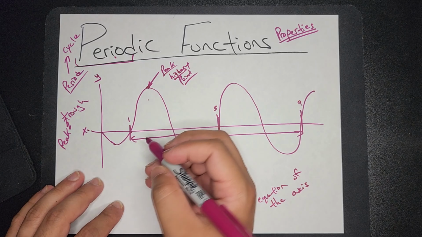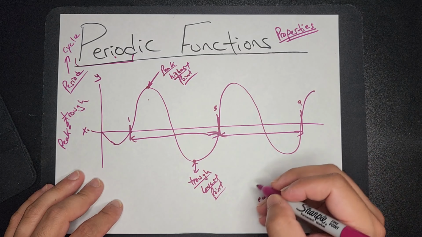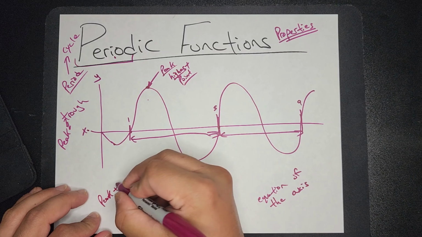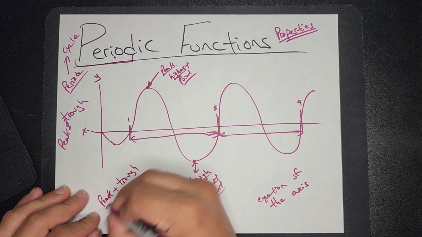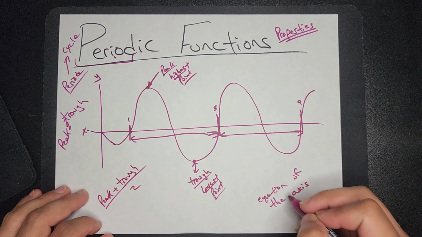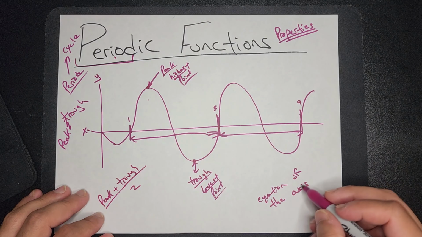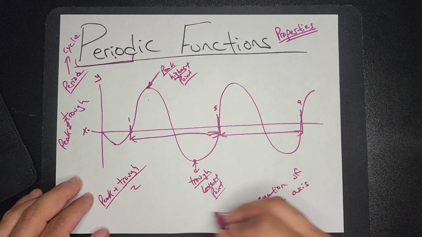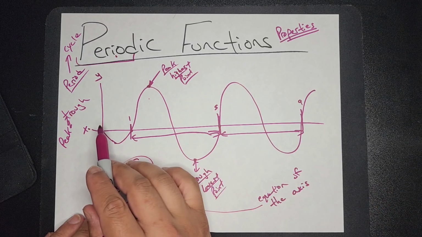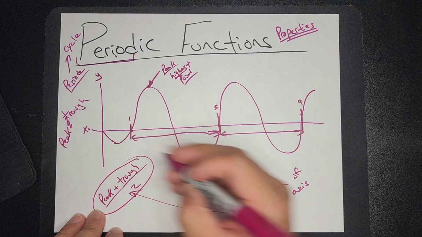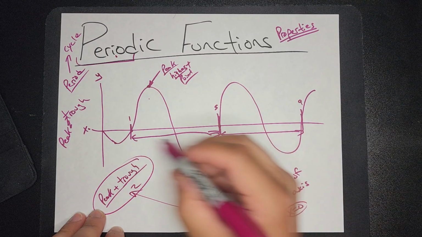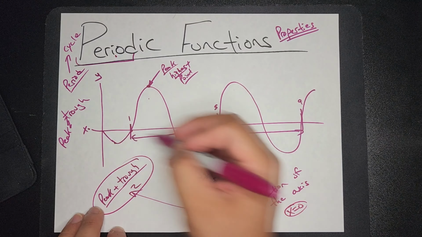One quick way to find it is to take the peak, add it to the draw, and divide it by 2. And there you have the equation of the axis. In this case it'll be x equals 0, because I drew it centered on the x-axis.